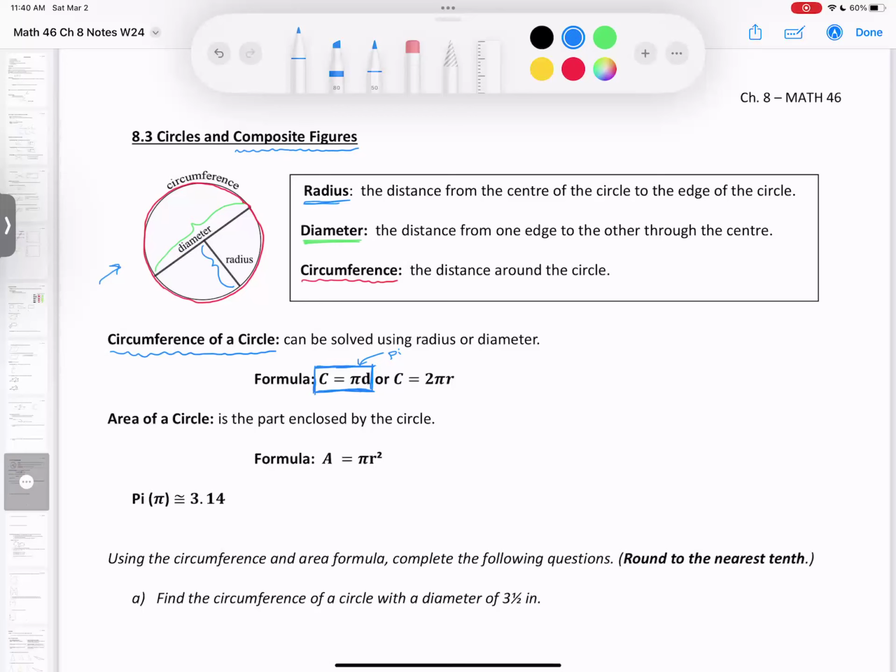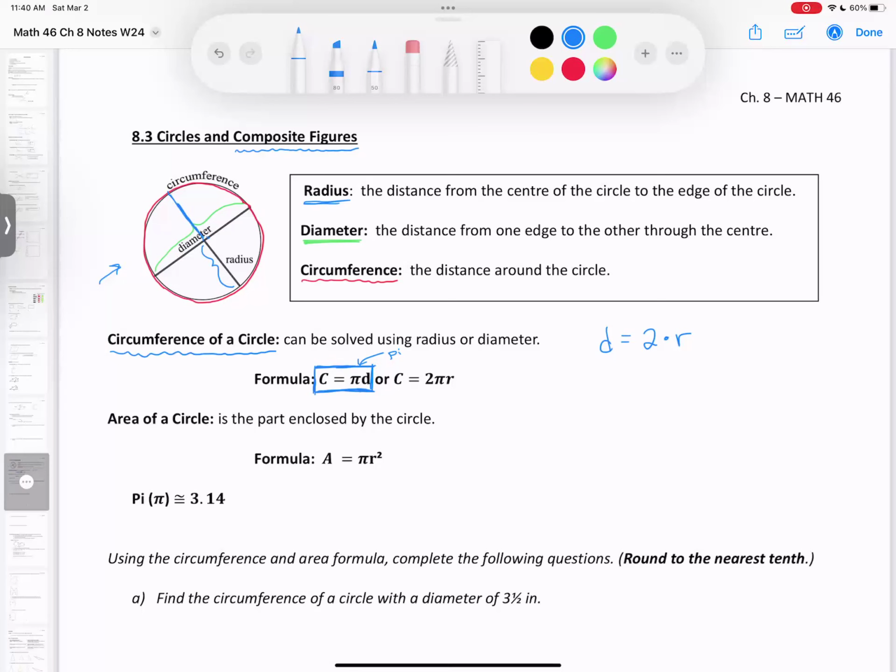Let's say you had the radius. Well, you can see from the example above, radius is from the center to one edge instead of from one edge of the circle all the way to the other edge. So I could have made a formula here that your diameter is always going to be your radius times 2, right? 2 times your radius. Because if you look in that picture, if I drew another radius here, now we've gone all the way across.